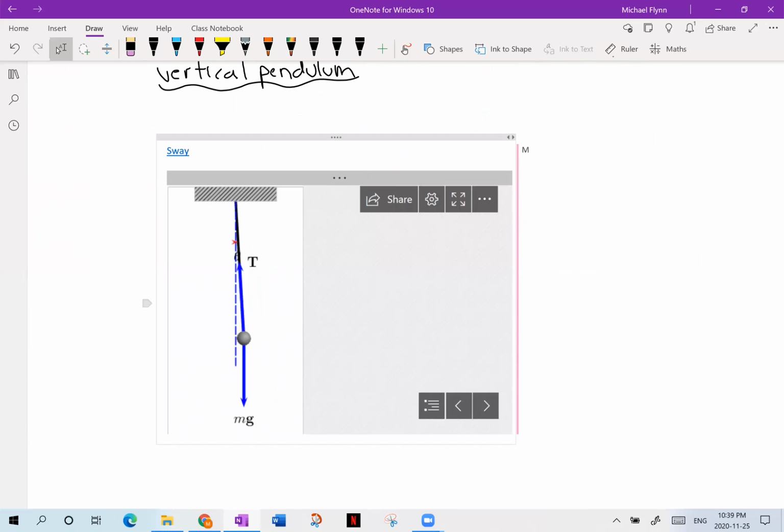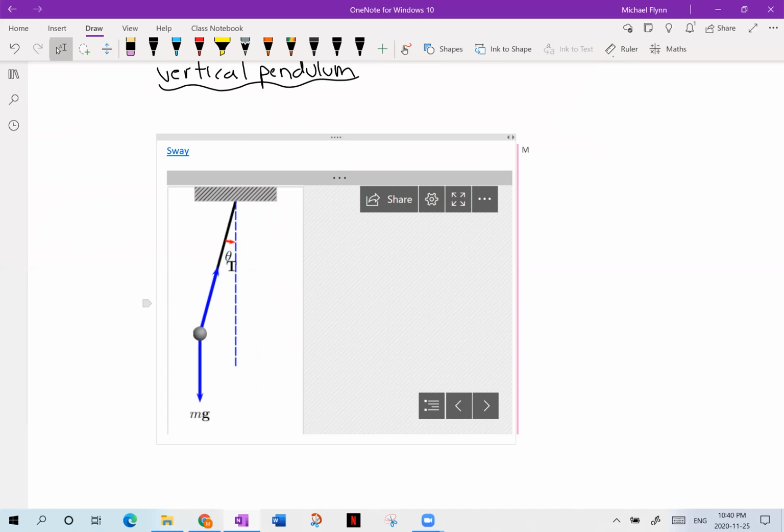Okay, vertical pendulum. A vertical pendulum is just like, let's say I'm trying to hypnotize you. I'm holding some type of object and I'm swinging it in front of your eyes. If you're swinging on a swing, okay, you're on a vertical pendulum, okay? So your circular arc is in a vertical plane, okay?